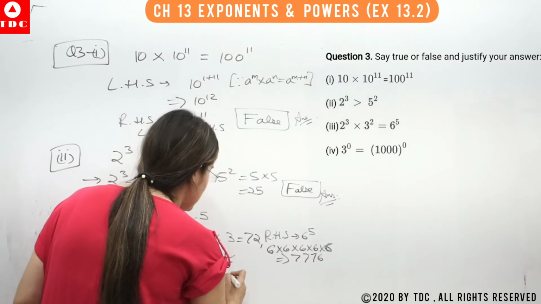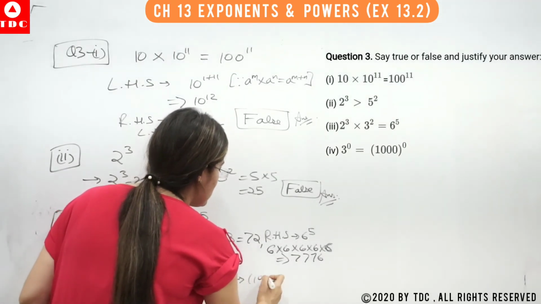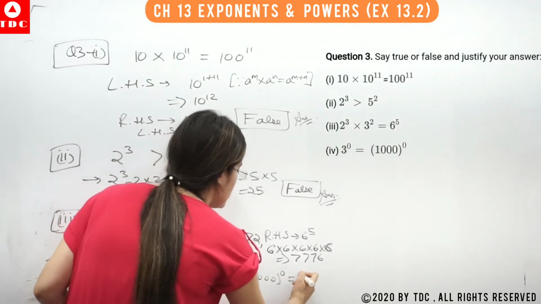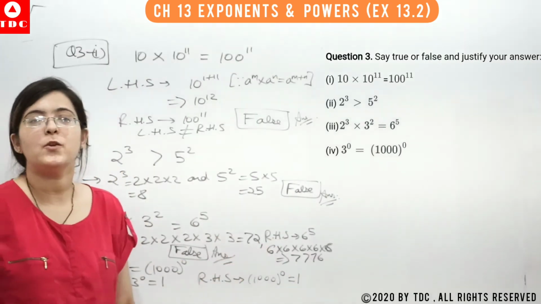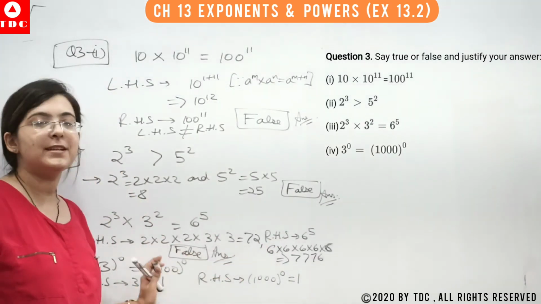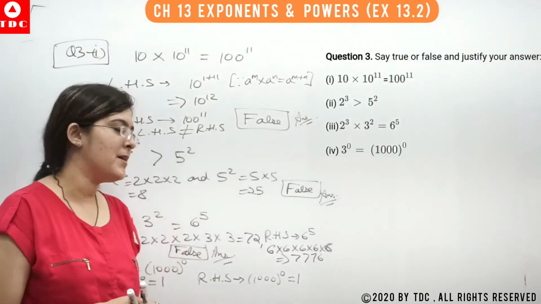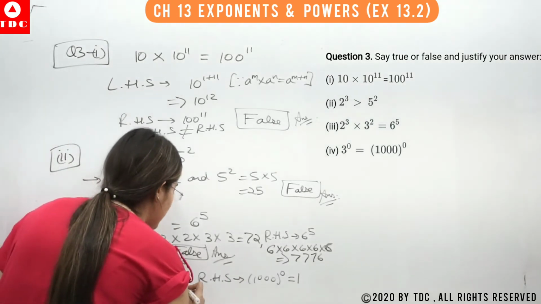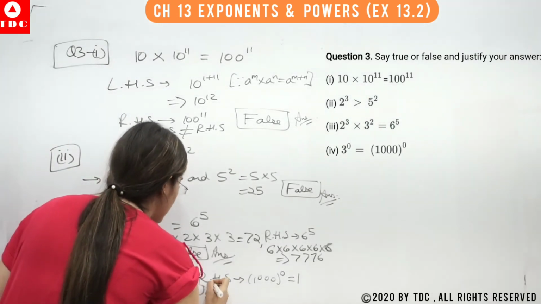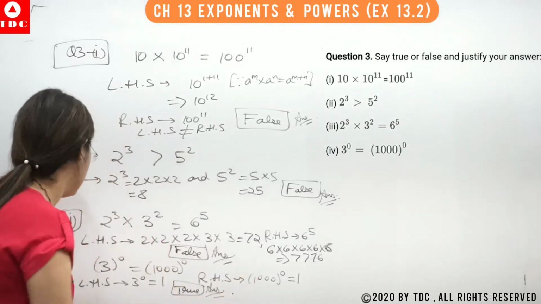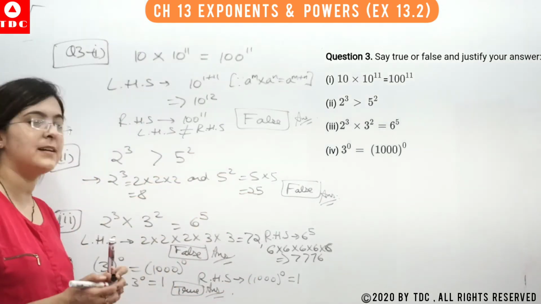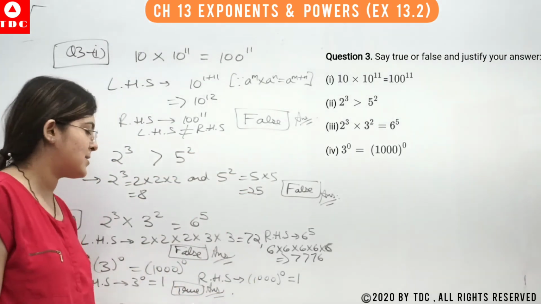And RHS is 1000 to the power 0. So any number to the power 0 is 1. That means both sides' answers are the same. Therefore this given statement is true. This is your answer. That means first, second, third are false and the last one is true.